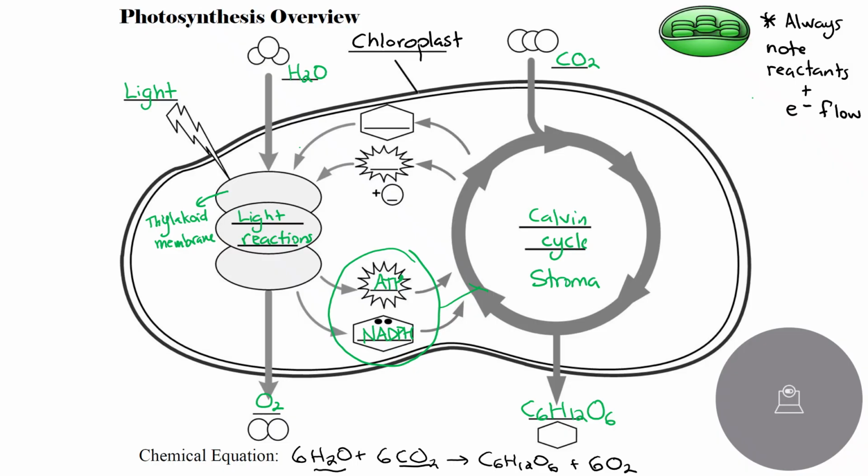He uses all of that ATP, high energy, and the high energy electrons from NADPH to again fix carbon dioxide to glucose. Well, once all that energy is gone, guess what? Calvin kicks those used products back to the light reaction to get more energy.